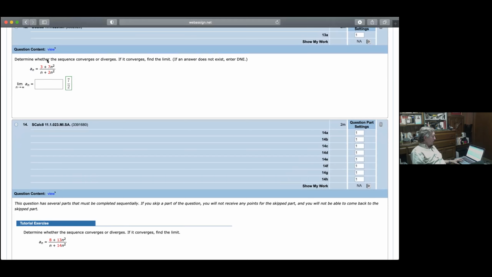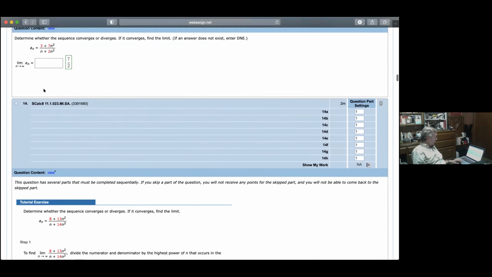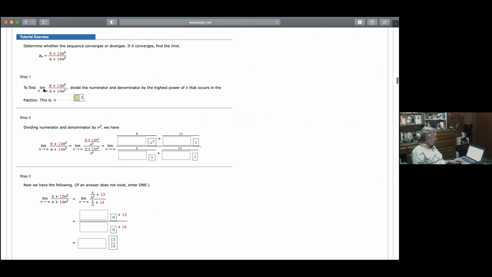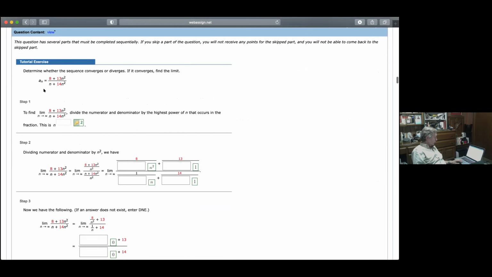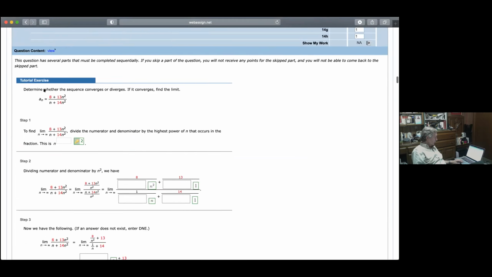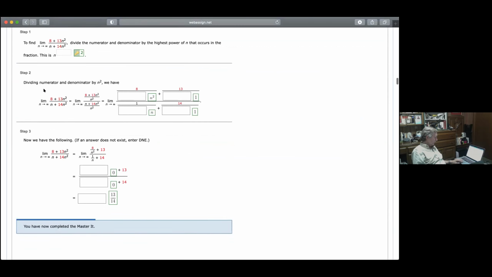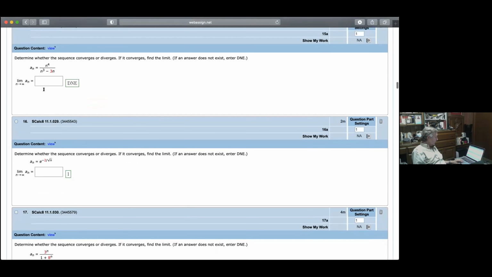So the whole thing is going to go to 7 over 2. Divide by the n squared. Okay. And if you didn't get the point, he tells you how to do it with a tutorial exercise. So you guys know, whenever you can't do something, look next to it, because maybe there's going to be a tutorial exercise coming. Then he wants you to practice.